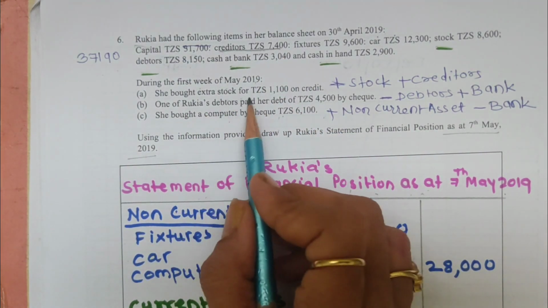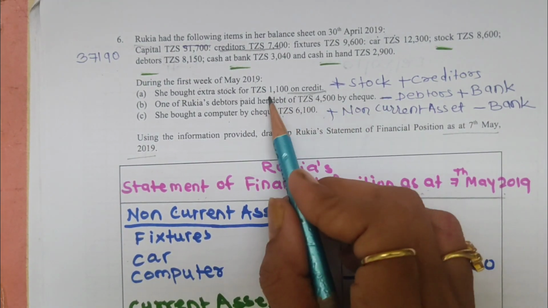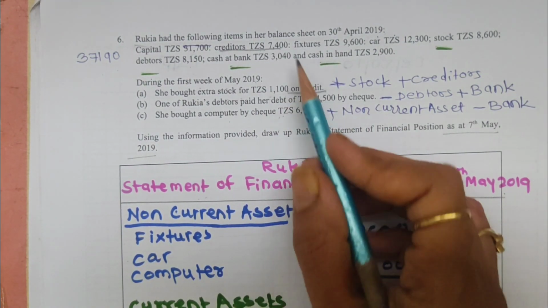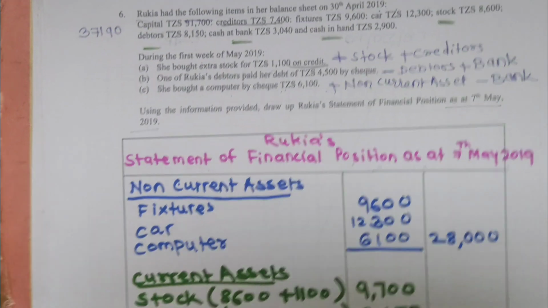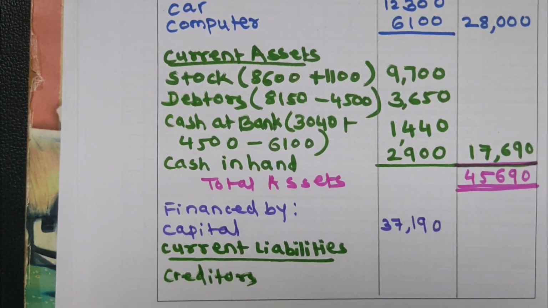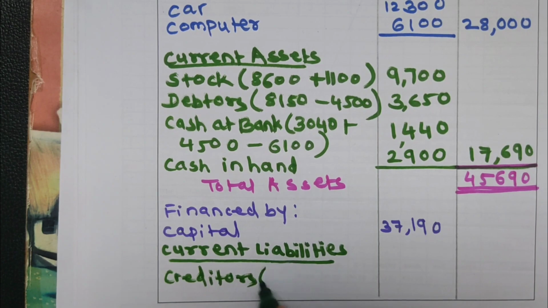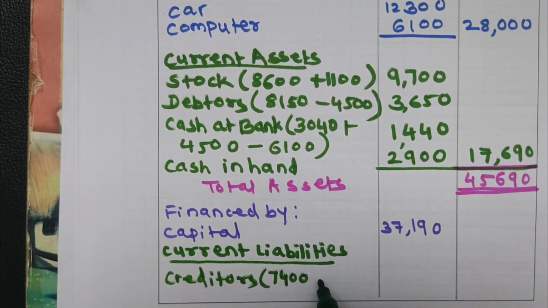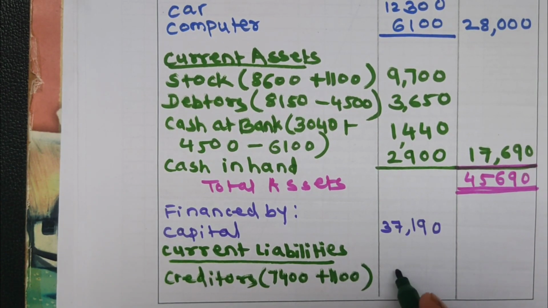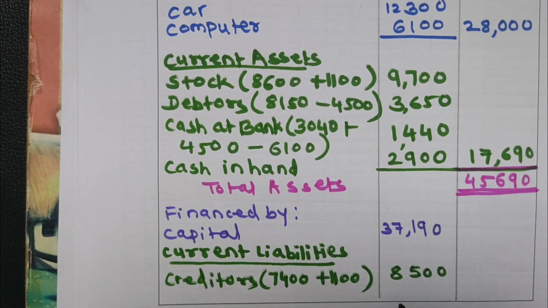Number one, she bought extra stock on credit, so this 1100 we have to add in 7400. So showing this effect, creditors 7400 plus 1100, so we get 8500.